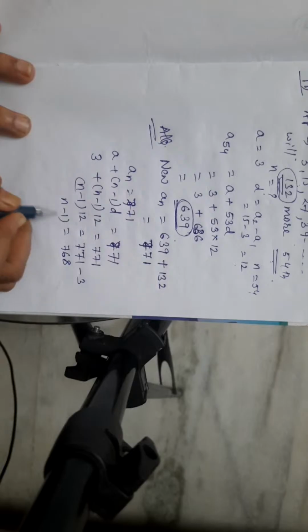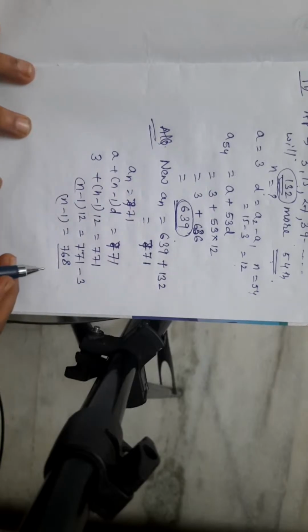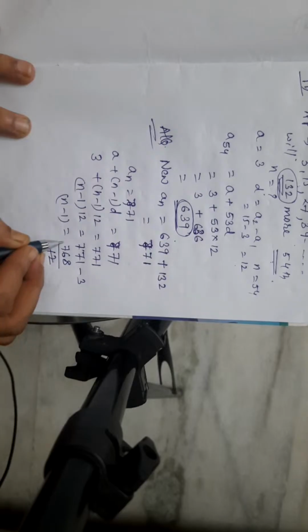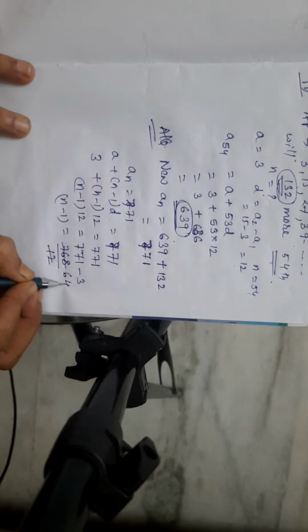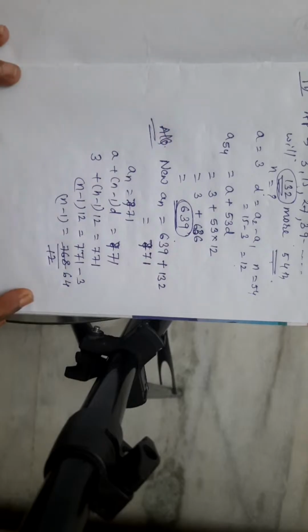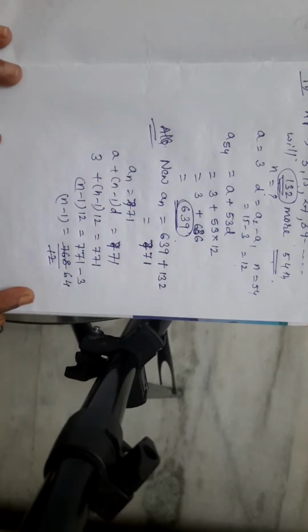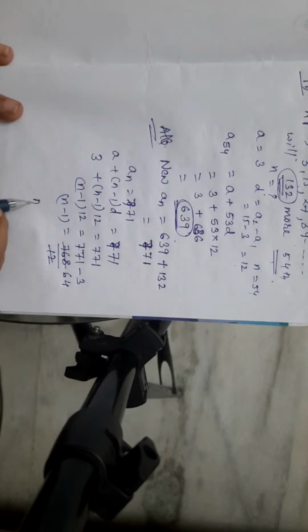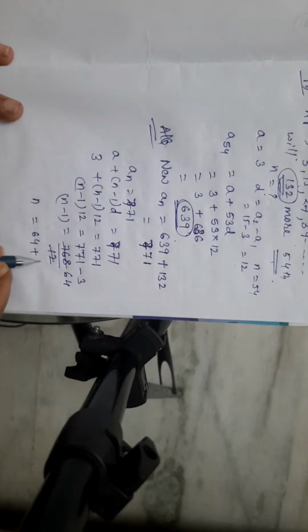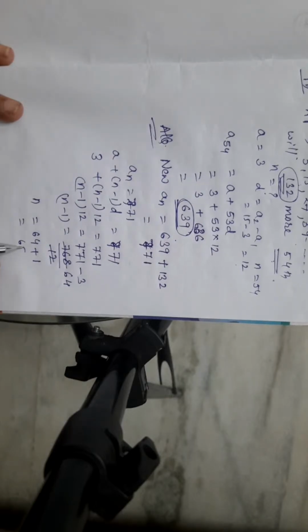Now n minus 1 will be 768 divided by 12. So 12 6s are 72, 12 4s are 48. We got the value of n minus 1 as 64. After getting the value of n minus 1, we can find the value of n. n will be 64, shifting this 1 towards the right, plus 1. So it is 64 plus 1 is 65.